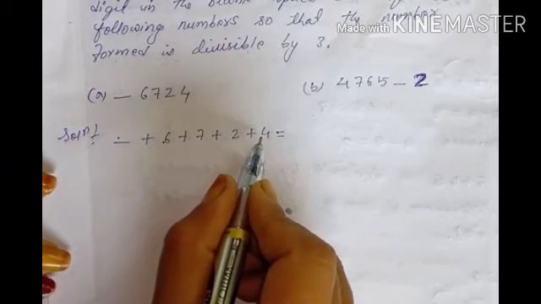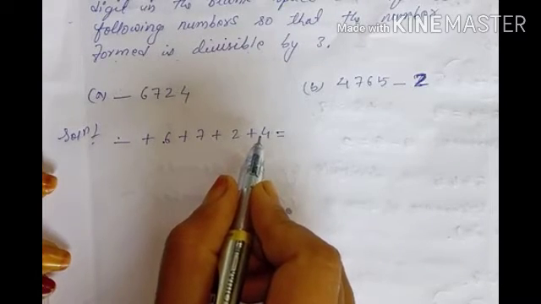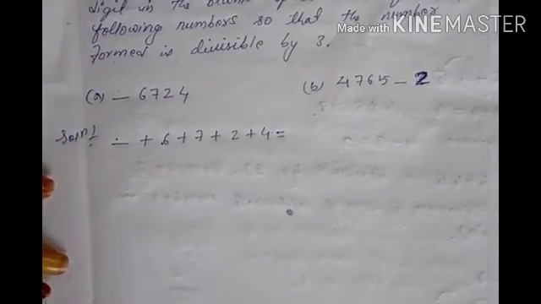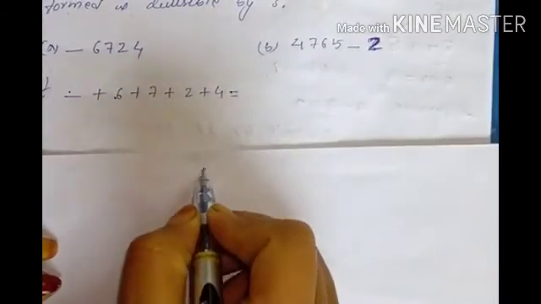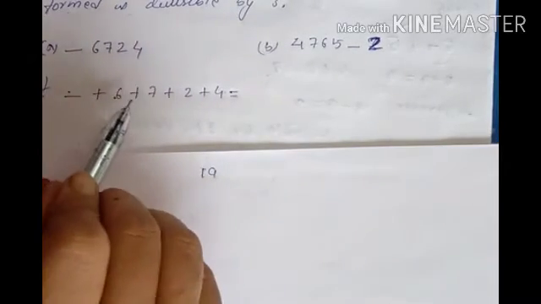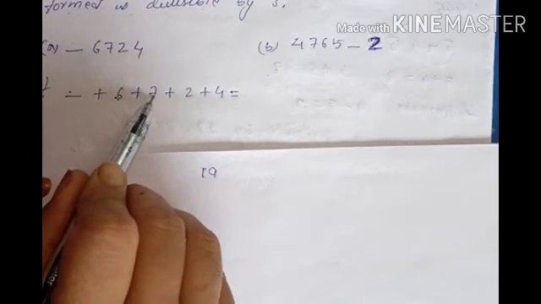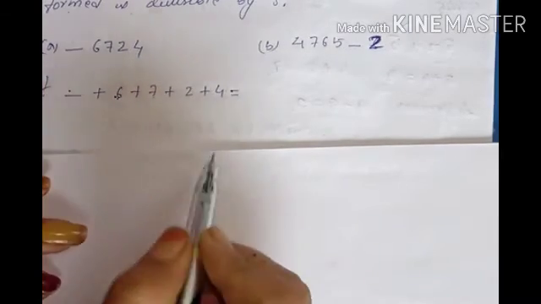Now 15 plus 4 is 19. What number did we get? 19, isn't it? Again, check this: 6 plus 7 is 13, 13 plus 2 is 15, 15 plus 4 is 19.